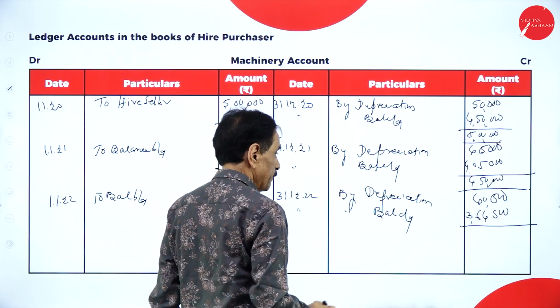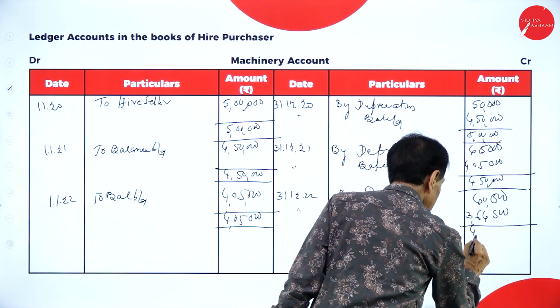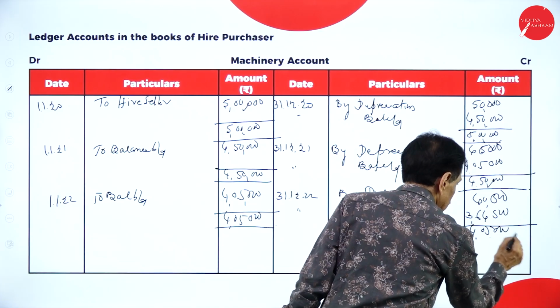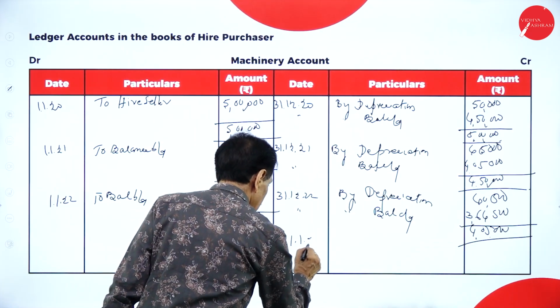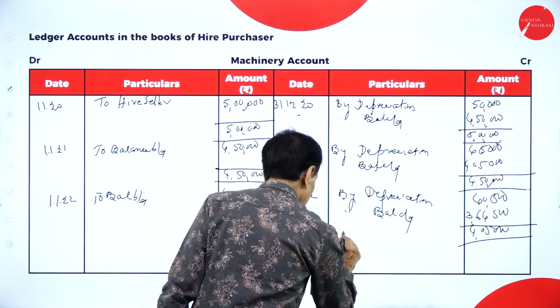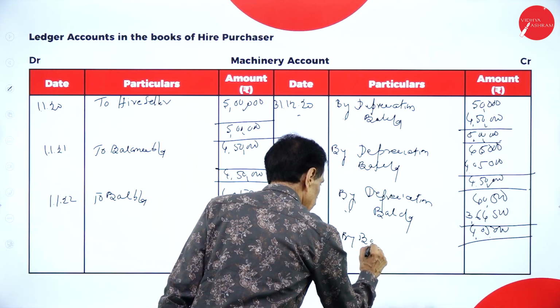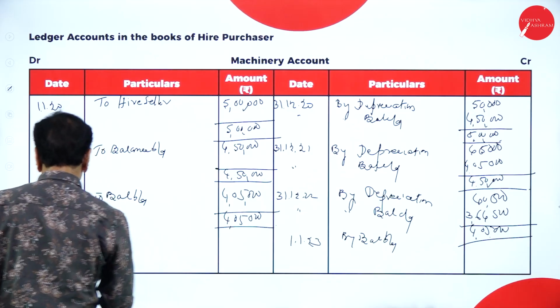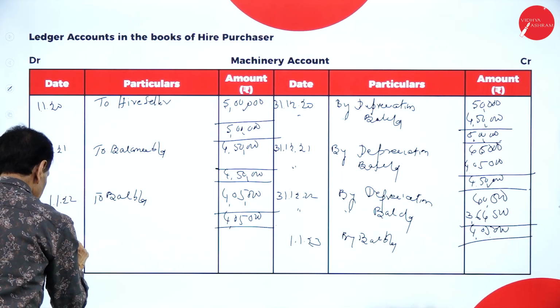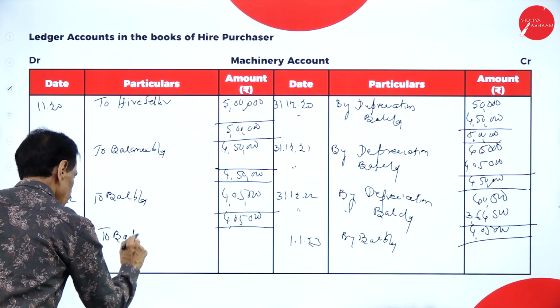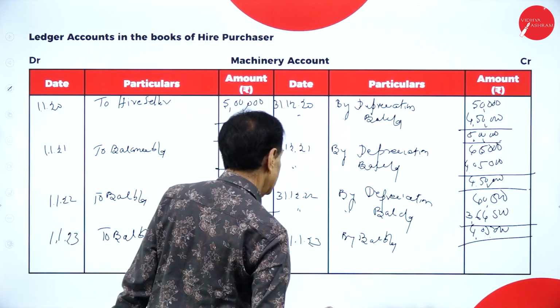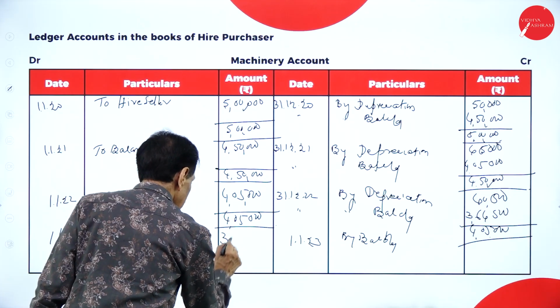Last year, 1/1/23, to balance brought down, 3,64,500.